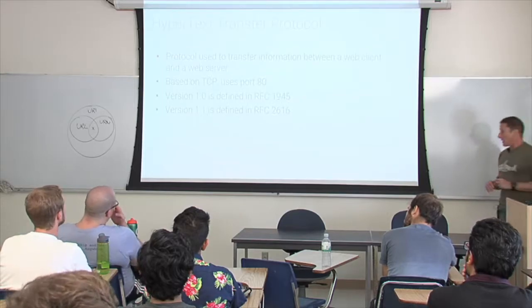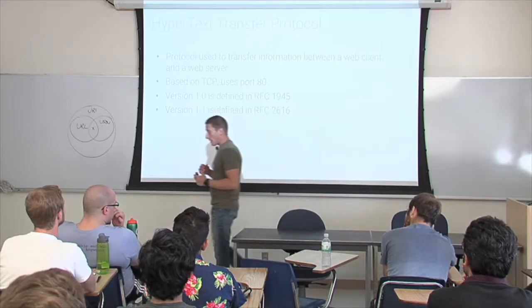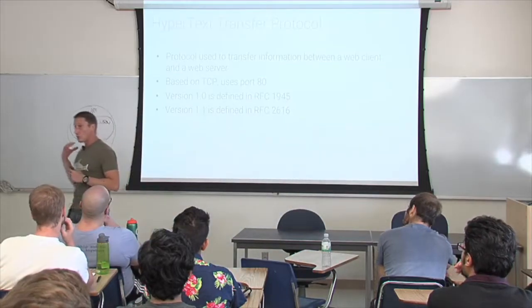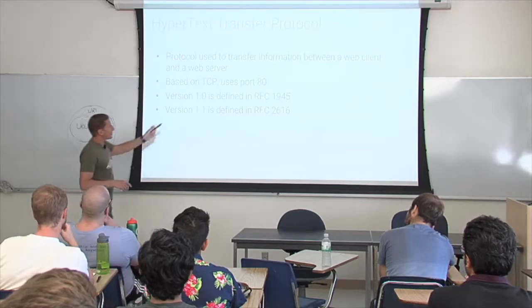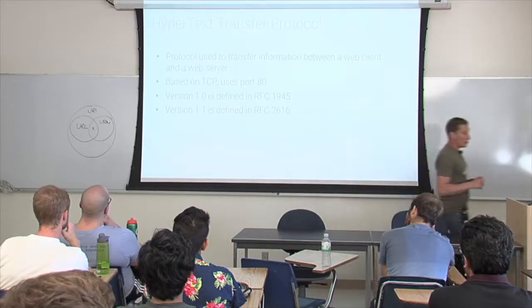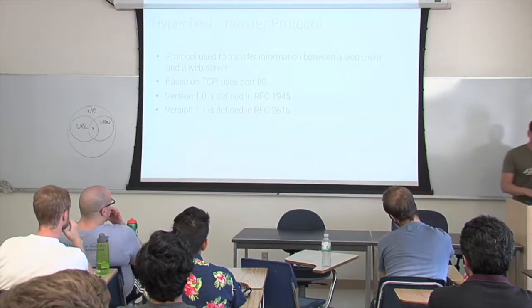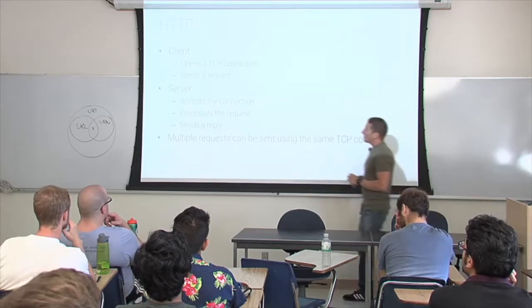So these are used to identify resources, and then these resources are reached and manipulated most of the time using the hypertext transfer protocol. It's based on TCP, uses port 80, and the current version is 1.1, which is an improvement over 1.0. Very simple concept.